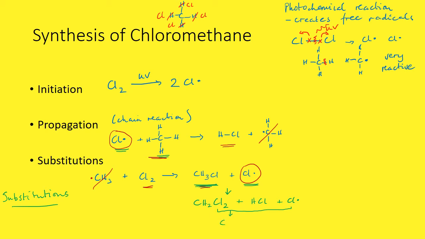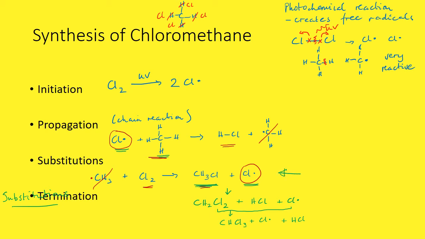So you would get one carbon, one hydrogen, and 3 chlorines. So that's trichloromethane, plus another hydrogen chloride molecule, and you would recreate another chlorine free radical in the same step as this second step here.